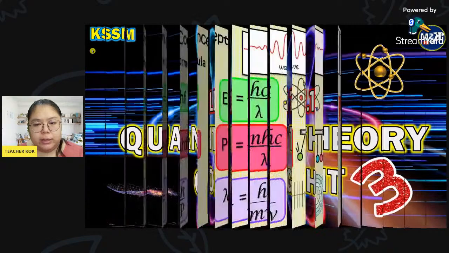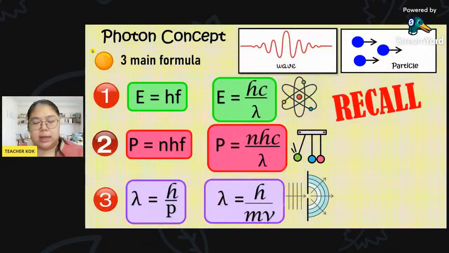Okay, so hopefully the students still remember this formula. We recall the photon concept. Photon concept means there is wave-particle duality. They can be taken as a wave, and there can also be a particle. So the photon has two characteristics.